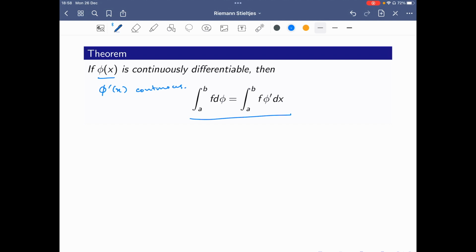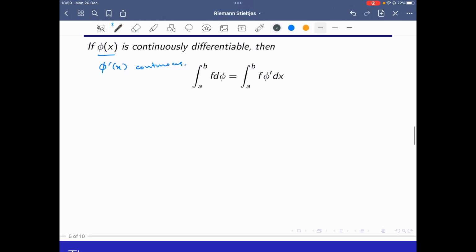We can visualize it as putting phi in front, taking a prime on it, and behind just replacing by x. So how can we do this? We just do it with the MVT, the mean value theorem.